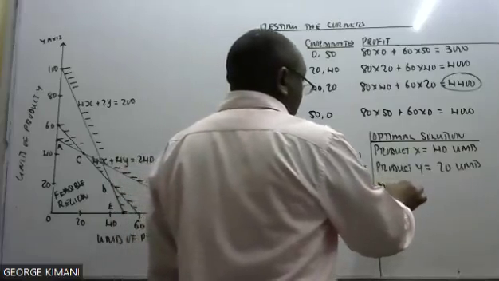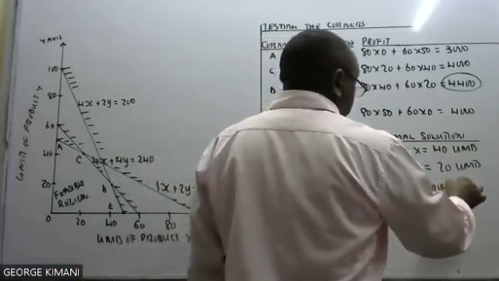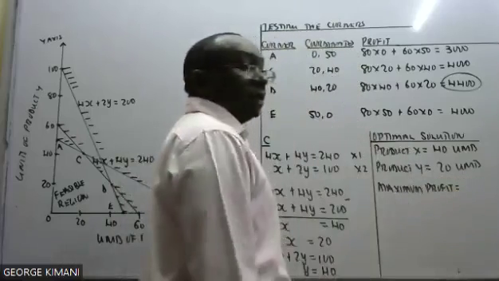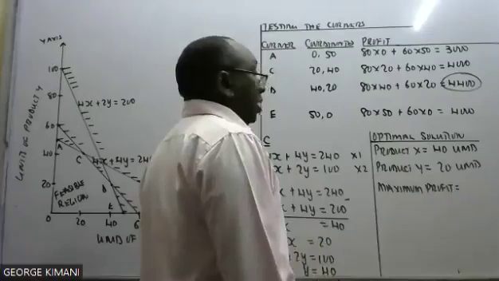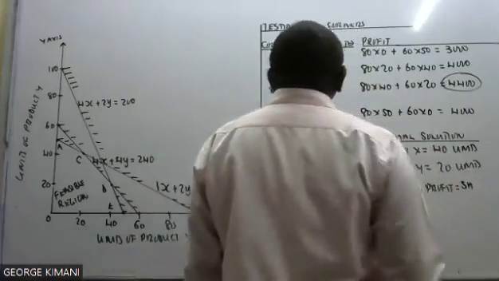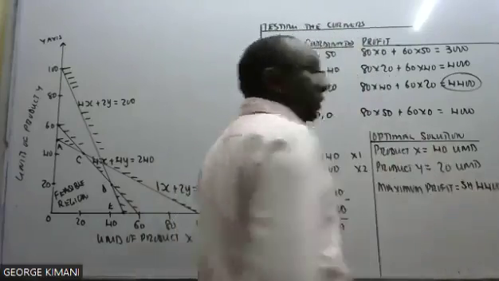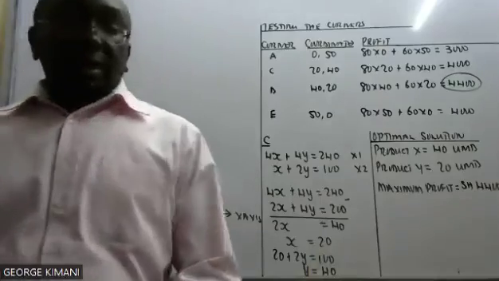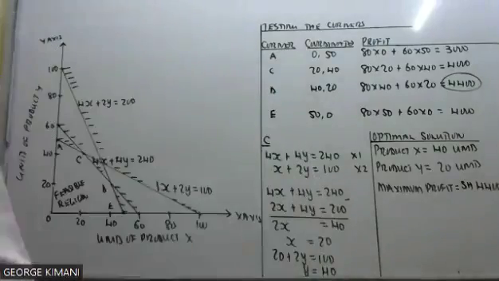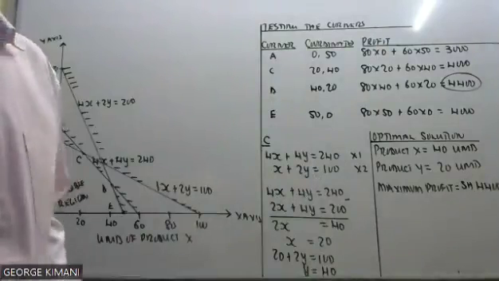And the maximum profit is shillings 4,400. So that is how you solve a graphical linear program.